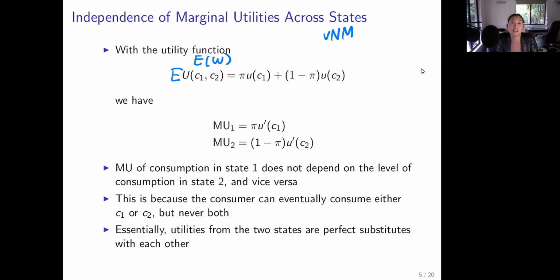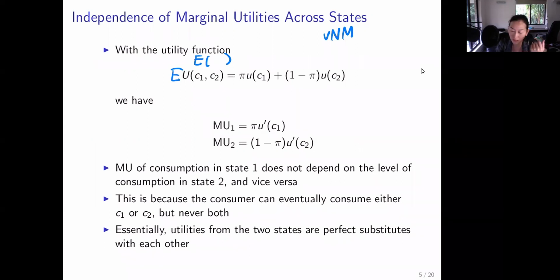And I find that at least 20 or 30% of the students, based on the problem set that I marked in the previous semester, when I asked you to compute expected utility, you actually give me expected wealth. You know the difference between expected wealth and expected utility?